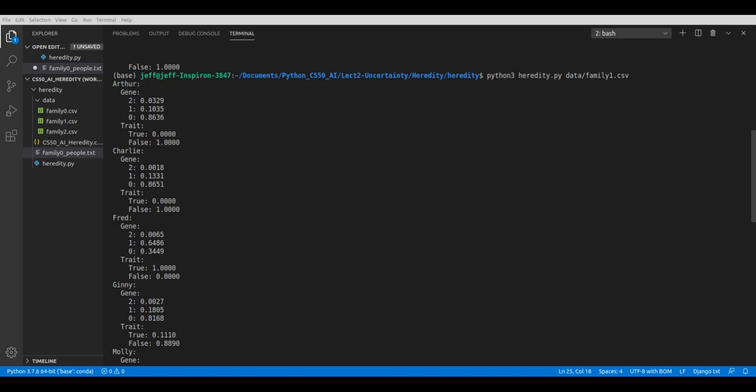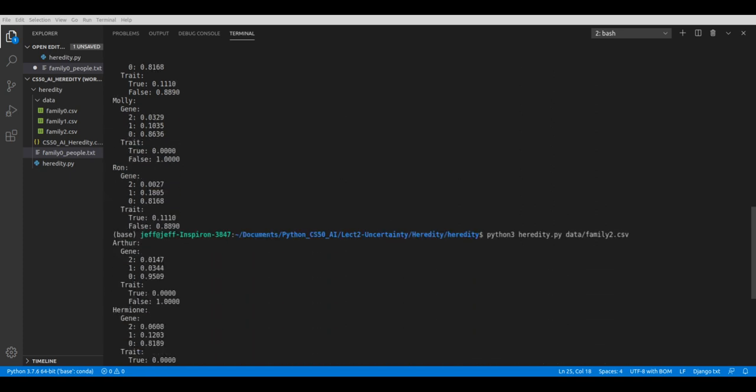And again, we're asked to calculate for everyone in the family their probabilities of having the gene, 1 or 2 or 0 copies, and of expressing the trait with a true or a false. And again, you can see that some people have a total probability that they don't have the trait, or a total probability they do have the trait, and others inherit a probability from their parents.